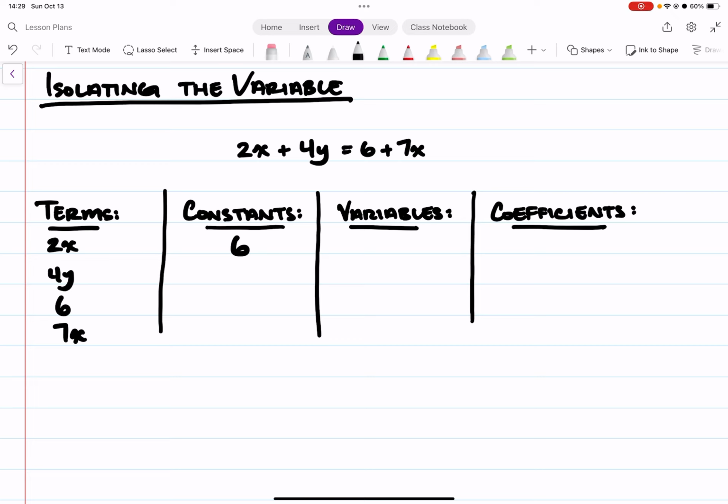All right, so what are the variables that I have? Well, a variable is anything that can change. So ideally, I can plug in a different number instead of these symbols. And the symbols that we're using are the letters. So the two variables that I see here, well, there's actually three that I see. So there's the x right there, there's a y right there, and there's an x right here.